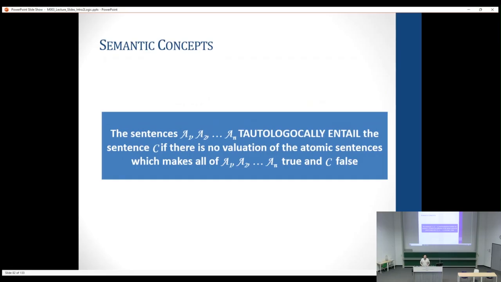So let's unpack that, right? The tautological entailment relation is going to hold if and only if there's no valuation, no way to assign truth values to the atoms, where A1 through AN is true and C is false. That should sound kind of familiar.